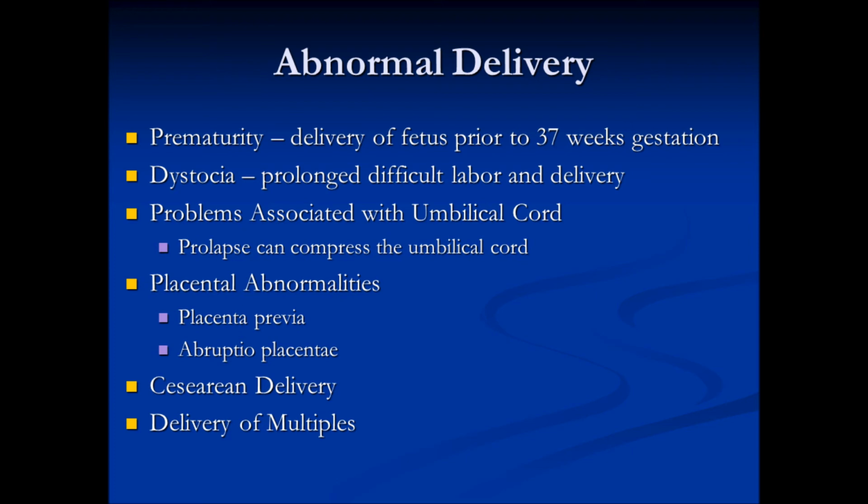Twinning is the most common type of multiple gestation. It occurs in about 1 out of 99 pregnancies. Two-thirds of all twins are fraternal and dizygotic, and arise from the fertilization of two separate ova. Fraternal twinning is an autosomal recessive trait that is carried by the daughters of mothers of twins.